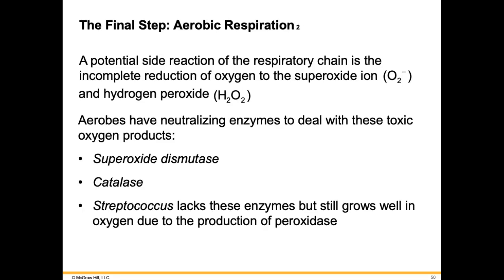Anaerobes do not. Aerobes do. These are the things they use to take care of superoxide and hydrogen peroxide. Streptococcus lacks these enzymes, but still grows well in oxygen due to the production of peroxidase.